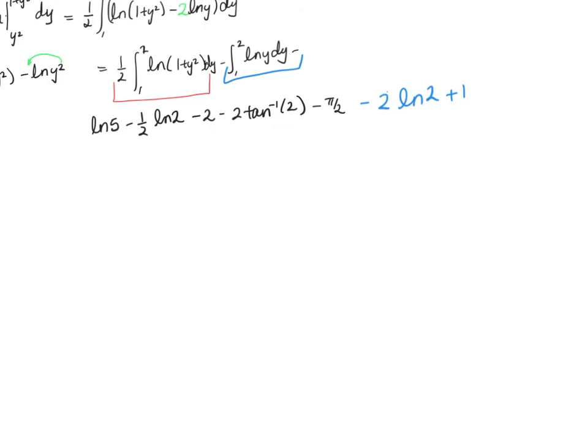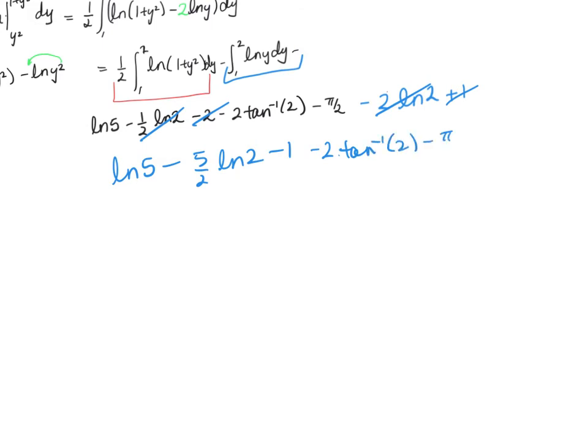So I get the natural log of 5. I have 1/2 minus 2 more, so that is minus 5 over 2 times the natural log of 2. That takes and cancels those two. And then I have minus 1, that cancels this one, and then minus 2 times the tangent inverse.